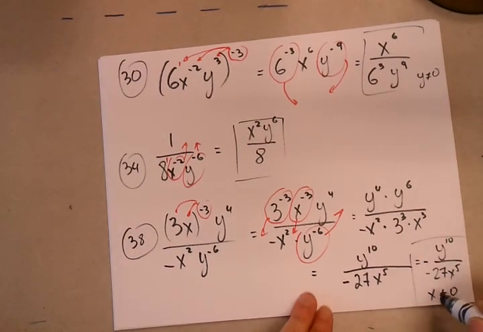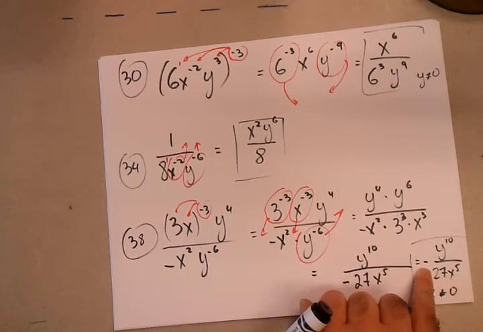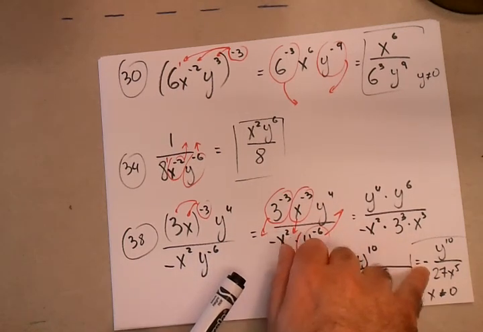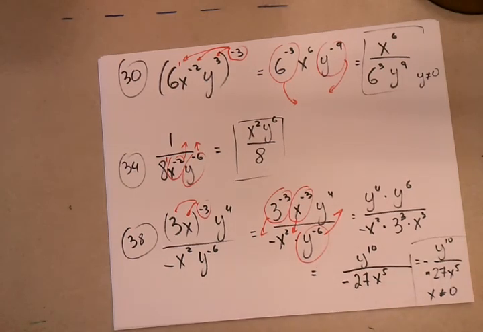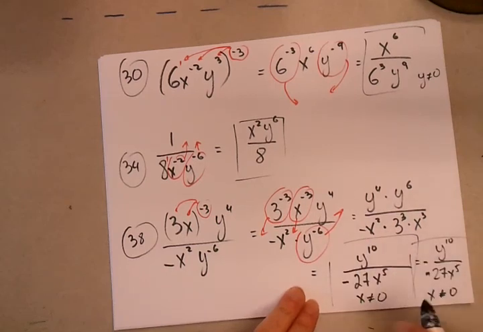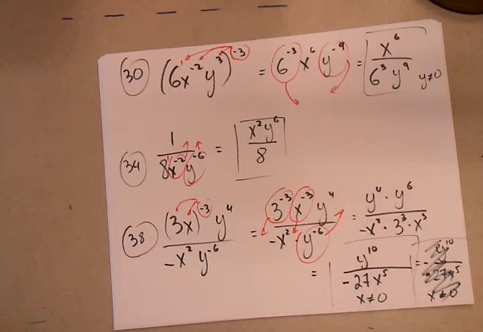So the final answer is negative the whole fraction y to the 10th over 27x to the 5th, and x cannot equal 0. Again, the reason for moving the negative is that we usually write it in the middle if possible, though you could have left it on the bottom; this could have been your answer just fine. Probably would have been less messy too.